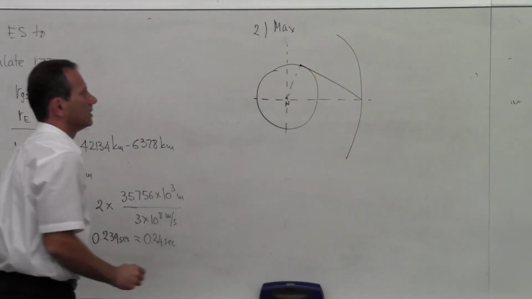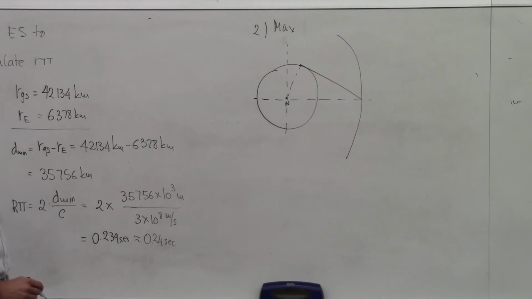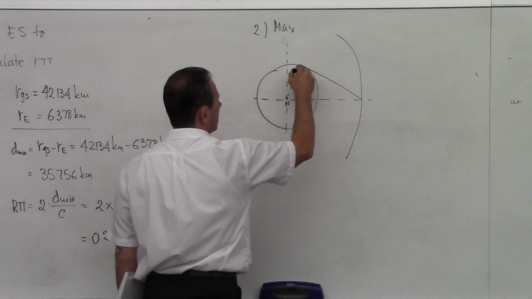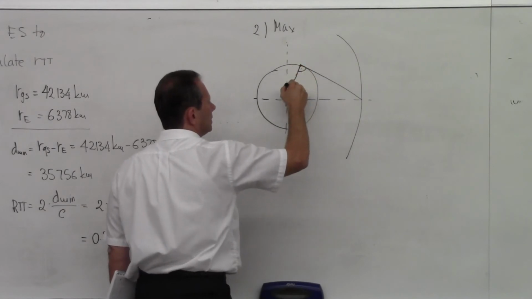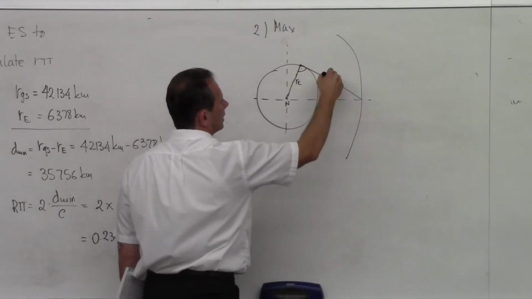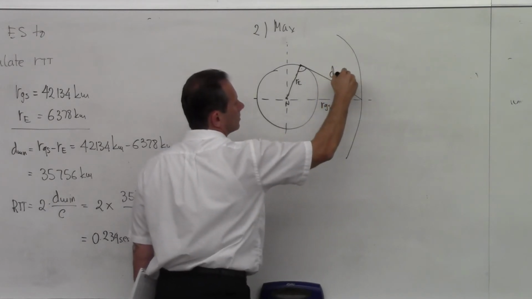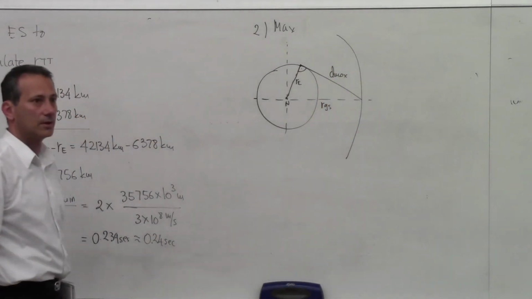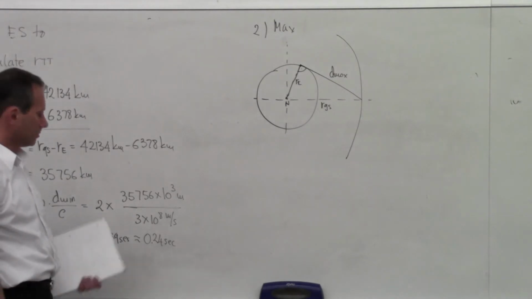So that's how far before you're obscured by the globe, right? Before your satellite falls below the horizon. Now, when does this happen? This angle here is what? This will be 90 degrees. This is RE, this is RGS, and this is your D max. That's what happens at the maximum point.